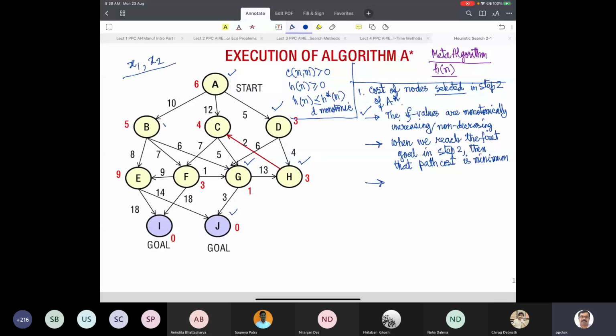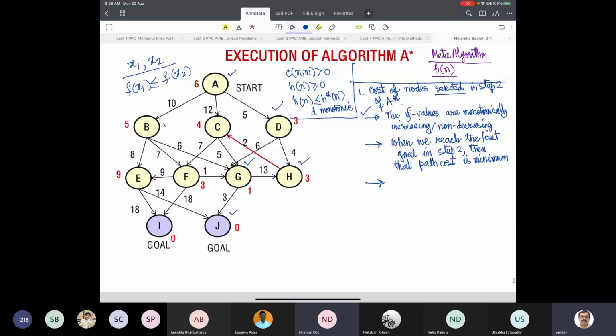What is the relationship between f(x1) and f(x2)? f(x1) is less than f(x2) always. Less than or equal to. So is it now clear to you why it is monotonically non-decreasing? Yes, sir.